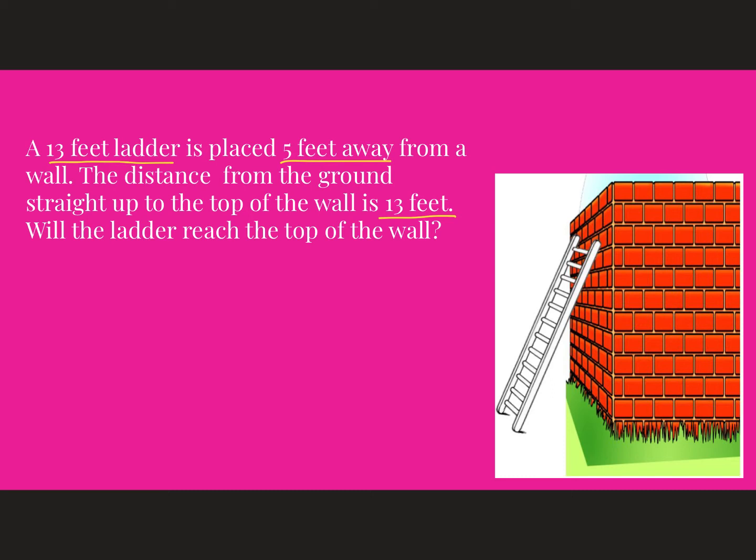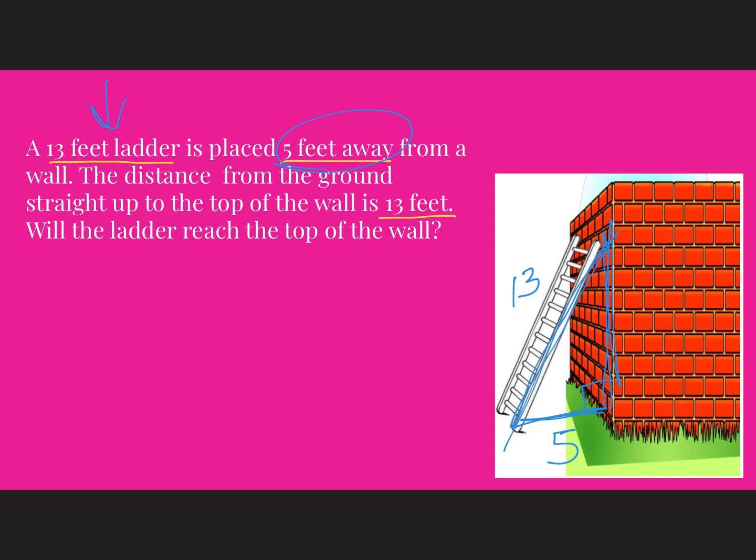So you'll see I have a nice little diagram here, and I'm going to try to label these. So I see my triangle right here. Here's the bottom of my triangle, here's the side of my triangle, and here's the hypotenuse of my triangle. We're going to assume that's a right triangle. So what information do I know? I know I have a 13-foot ladder, so that means this side is 13. I am 5 feet away from the bottom, so the bottom down here is 5.